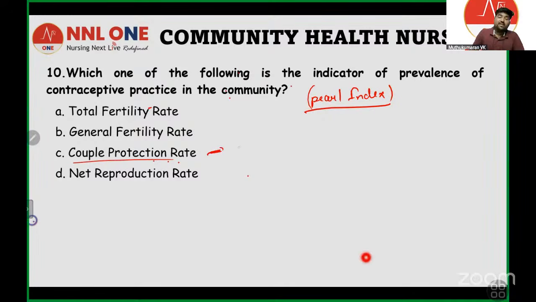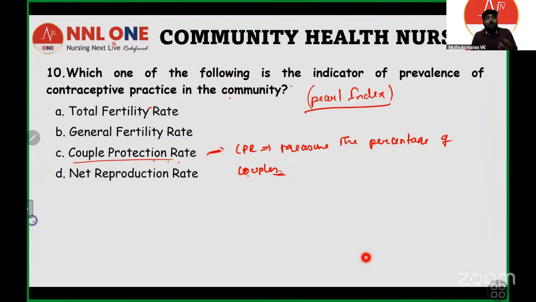So this couple protection rate measures the percentage of couples, which method of contraception they are using. Okay, directly indicating the prevalence of contraceptive practice in the community.